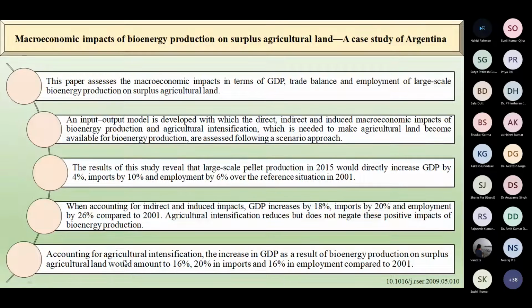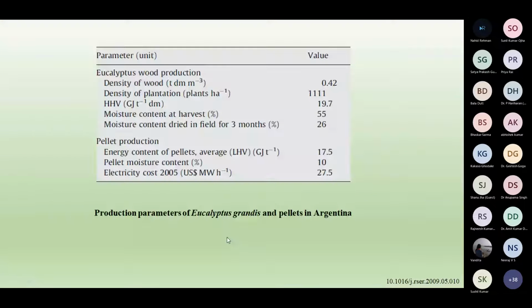It is found that with agricultural intensification, the increase in GDP as a result of bioenergy production on surplus agricultural land will amount to 16%, 20% in import, and 16% in employment as compared to the data of 2001.